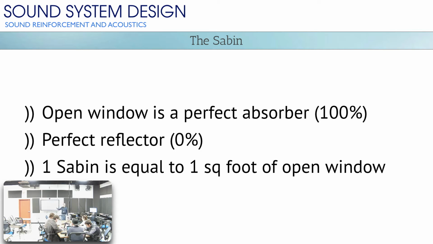So he was trying to do the same thing for absorption. He said, okay, well, what would be the thing that we could measure everything against? If we're talking about percentages of reflection versus absorption, he's like, I don't know what a perfect reflector would be. What would 100% reflection be?